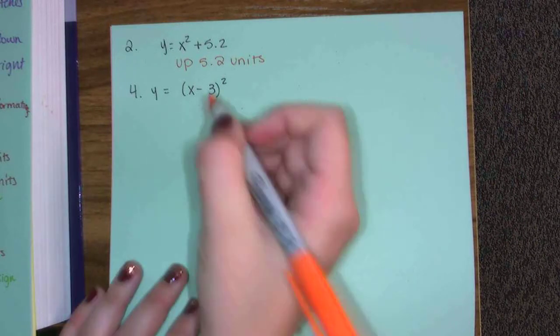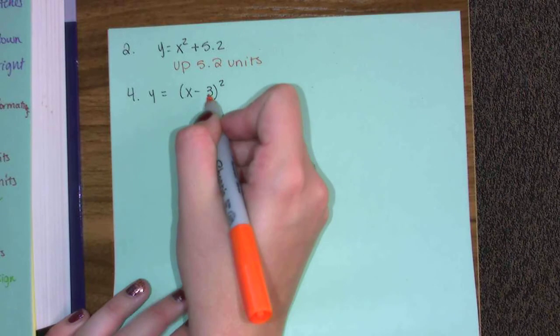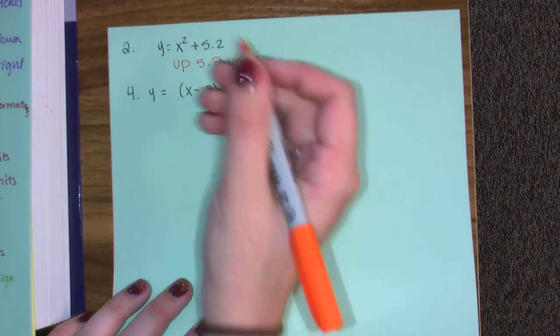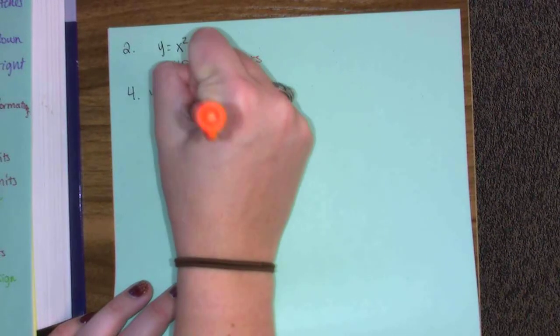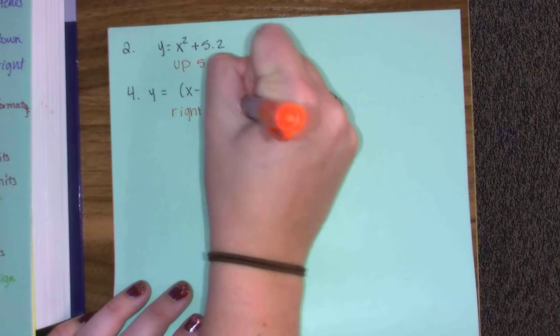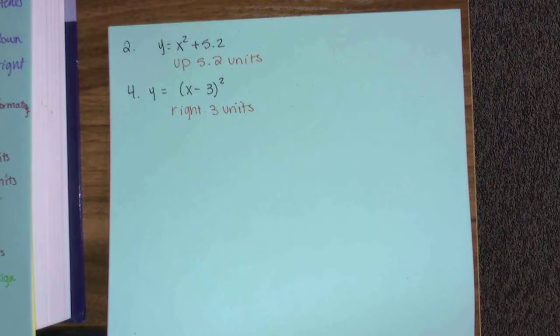Inside the parentheses, we go opposite the direction of the sign, so this is going to be right 3 units. Basically, if you took the graph of x squared, which starts at the origin, you would just shift it to the right 3 places. The whole graph goes to the right, so your vertex, instead of being at 0, 0, is now at 3, 0.